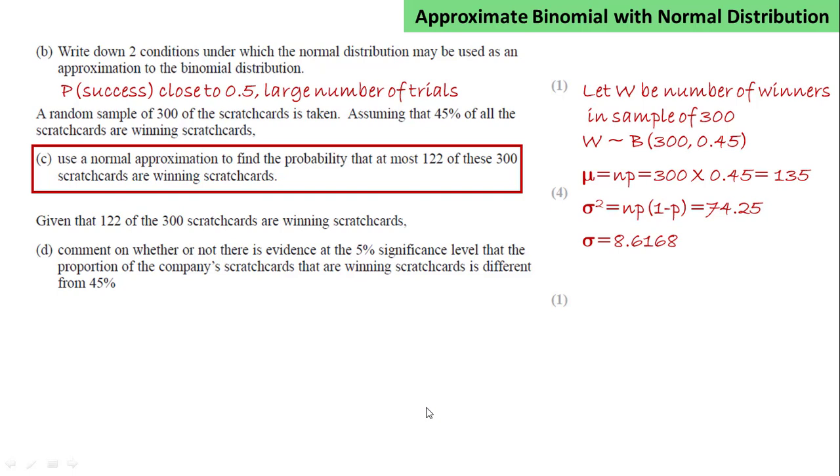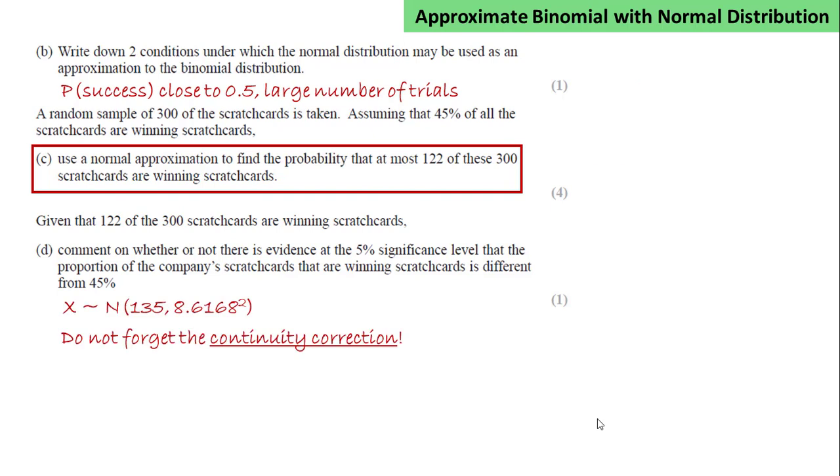So these will be the parameters we use for the normal approximation. So the normal approximation X to the number of winners would have a mean of 135 and a standard deviation of 8.6168.